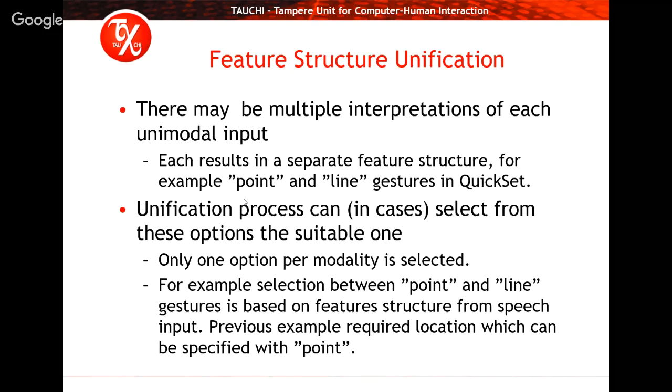So if you are just trying to indicate a point, the system might interpret both that there was a point and there was a line, so it creates two feature structures.